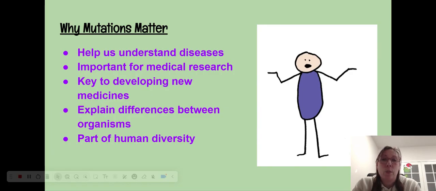We can use it to develop new medicines. We can explain the differences between certain organisms, and genetic mutations are responsible for a lot of the diversity that we see in our human race. So they're pretty important and a very interesting topic.